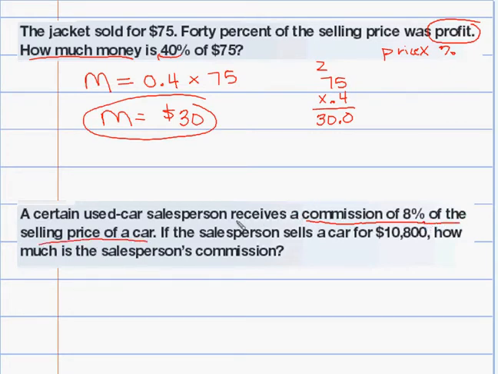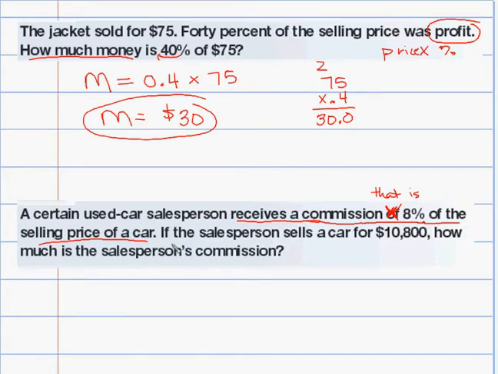So he's going to receive commission, and this "of" might be misleading, but he's getting a commission of 8% of the selling price of a car. This "of" is the same thing as he's receiving a commission that is, okay, they're saying he's going to get that amount. And that can be misleading, but here's where the math happens.